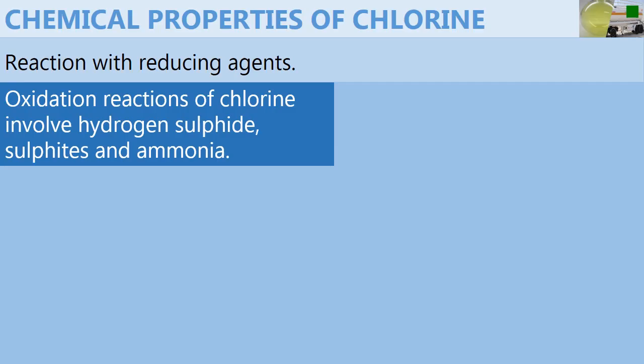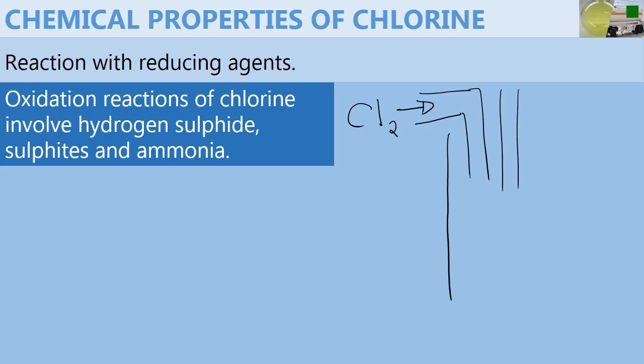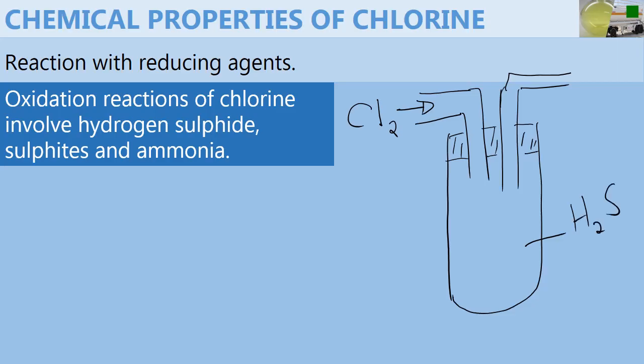Now, when chlorine is added into a gas jar or a test tube full of hydrogen sulfide in a setup that looks like this, there are several observations that would be made.